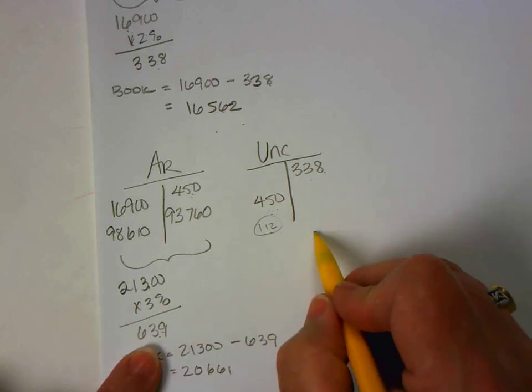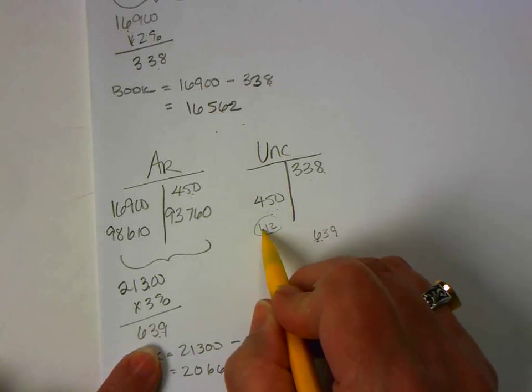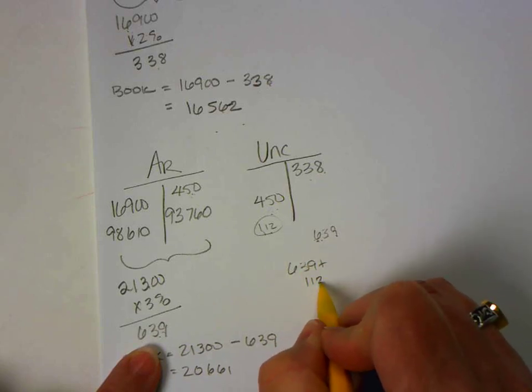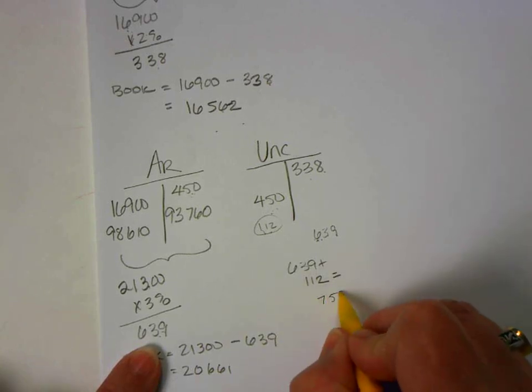So to get up to $639 on this side, I need to add 639 and the 112 because it's already a negative balance, right? So 639 plus 112 equals 751, right?